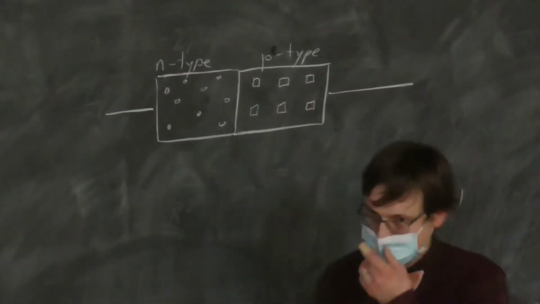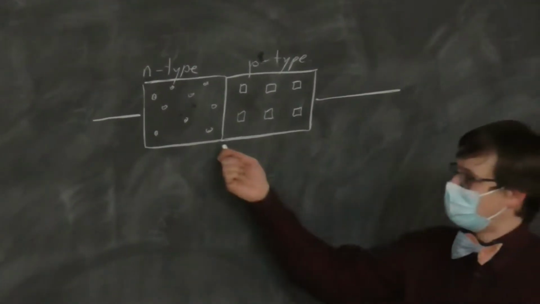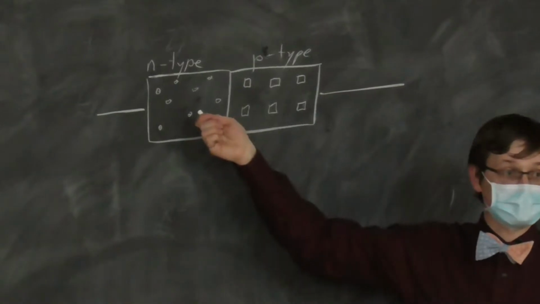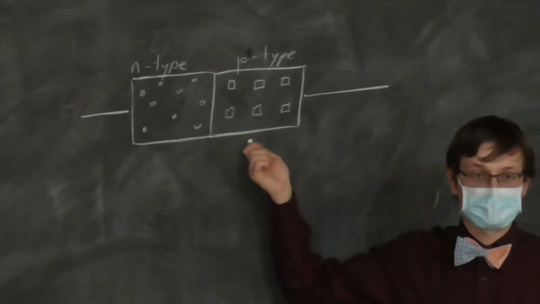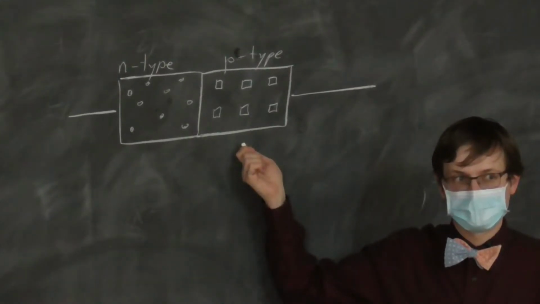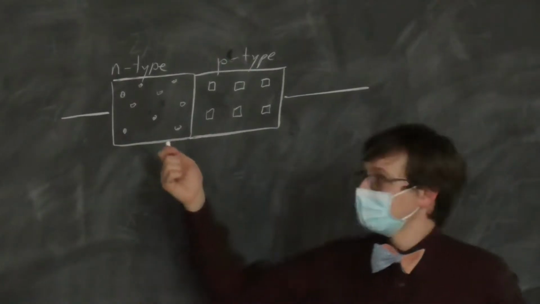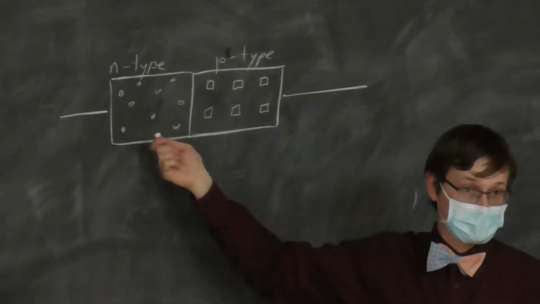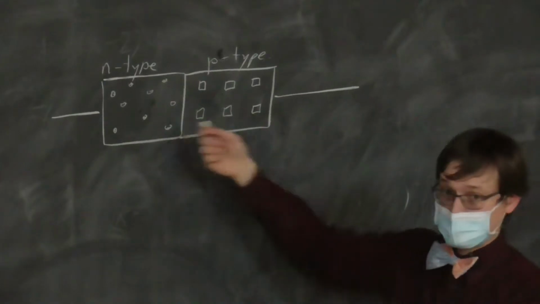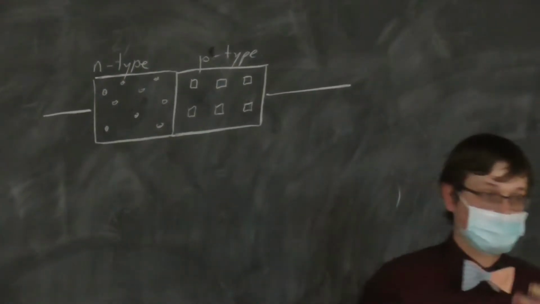So one question that might arise: why do these electrons not just immediately jump over and fill these holes? The answer is that they're bound more tightly by the atomic forces of the atoms than they are attracted by the opposite charge. So they stay where they are.